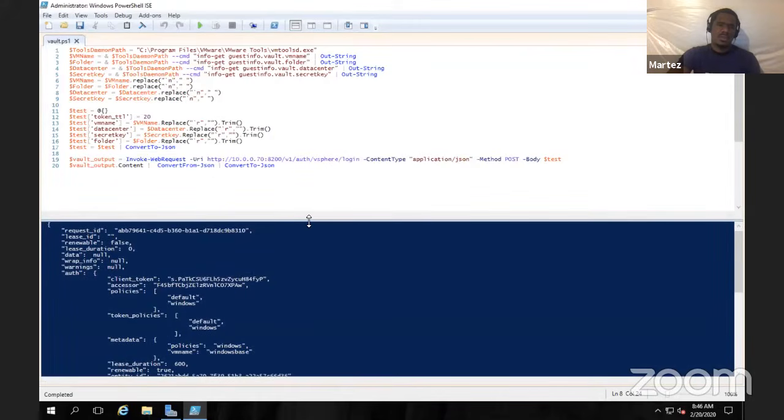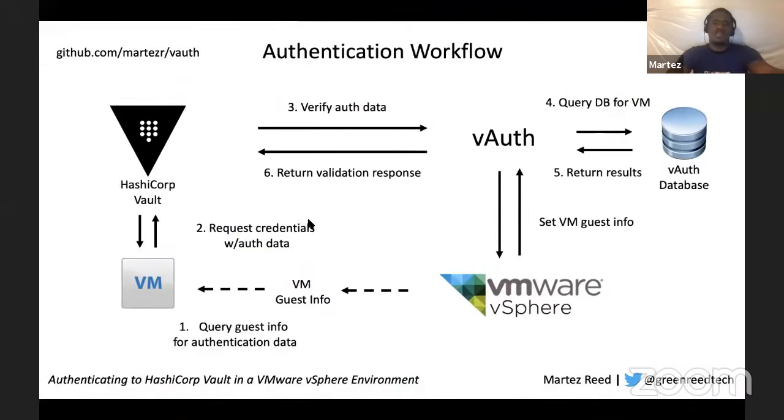But this starts to provide a mechanism that can be used for more native authentication in VMware vSphere, similar to the capabilities of the trusted platforms currently provided by the public cloud providers, such as AWS, Azure, GCP, and that native capability. And then as we saw, step 7 would be returning the token to the virtual machine to actually perform any subsequent process of fetching secrets or interacting with HashiCorp Vault.